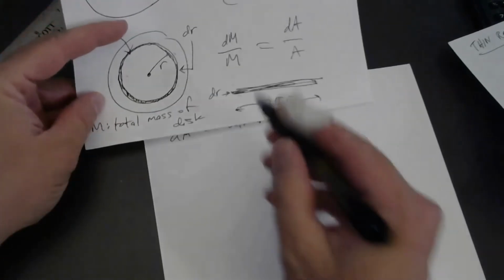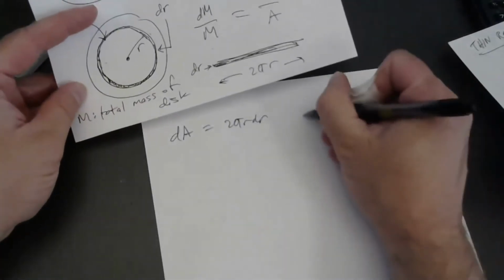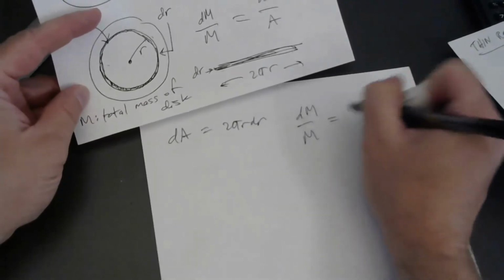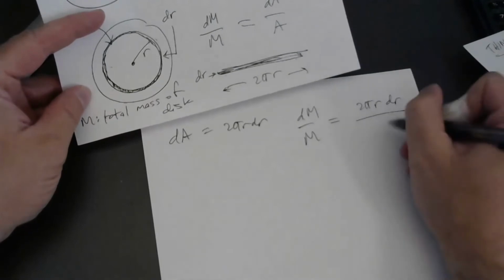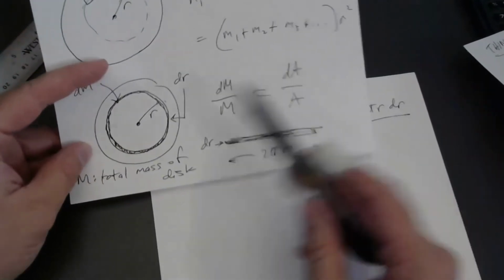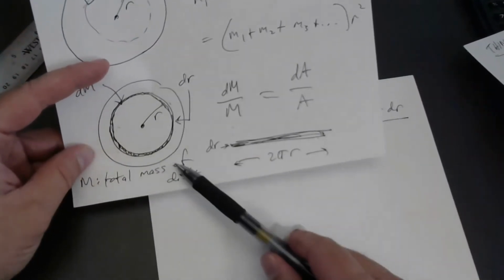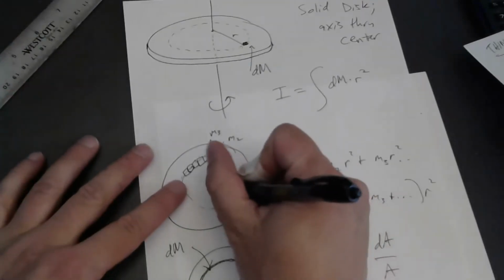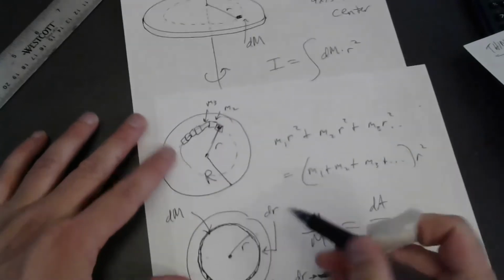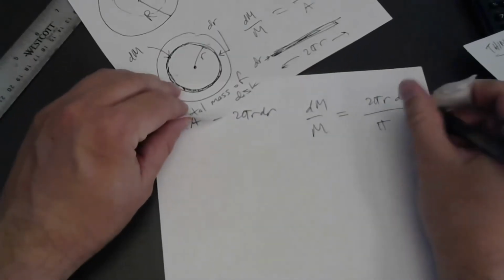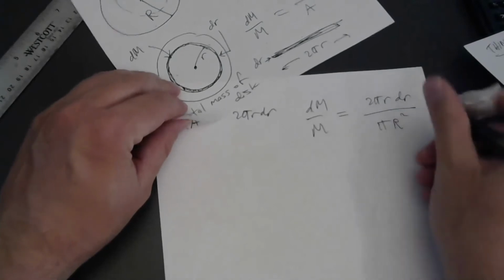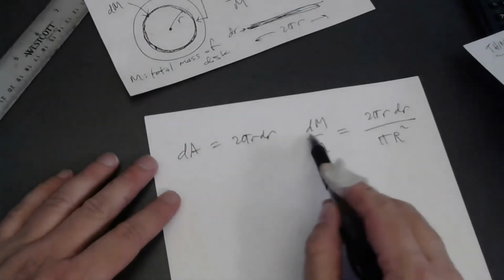Okay, so let me rewrite this expression. dm compared to m will be dA, which we just established as 2 pi r dr, compared to A. Well, what is capital A, the total area of the disk? You all remember pi r squared. So let's use capital R now for the actual radius of the disk, the outer radius. Down here, the total area would be pi big R squared. And now we've got an expression for dm.